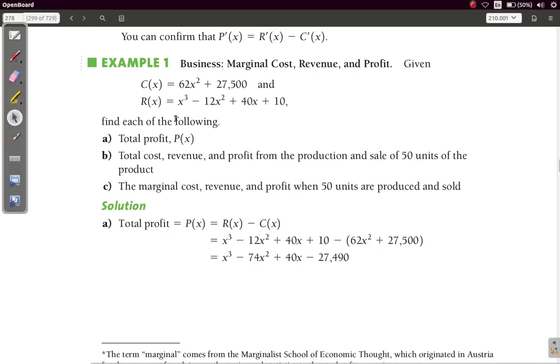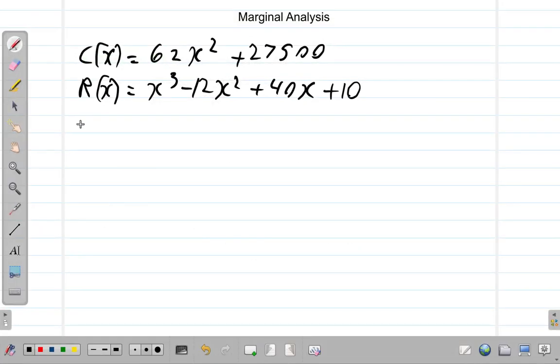Now, find each of the following. The total profit, P(x). So we have profit, total profit, P(x). The fact is, profit would be revenue minus cost. So remember now, the revenue would be all the money coming in from doing business.